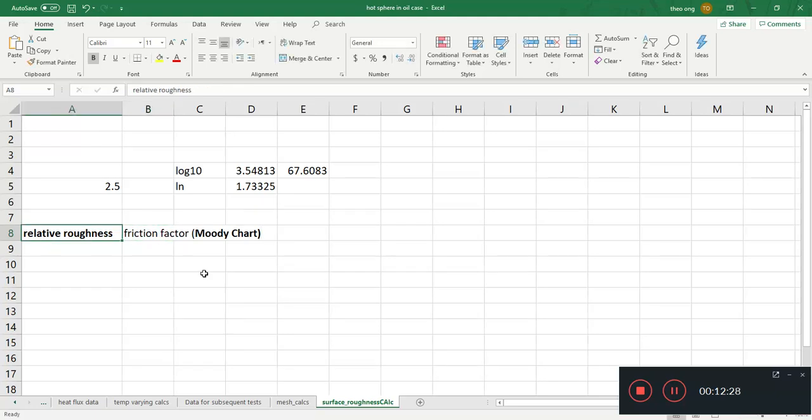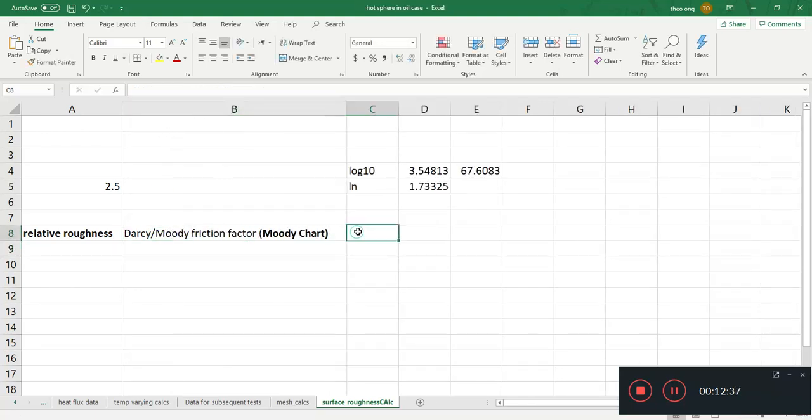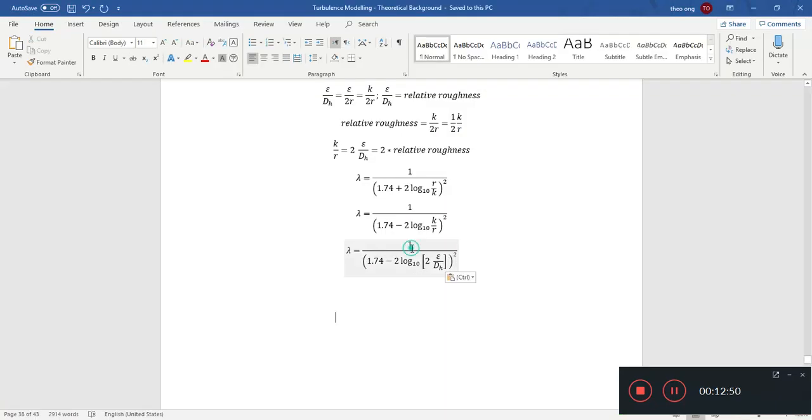So what friction factor is this? This is the Darcy friction factor. Darcy, Moody, friction factor. And then I'll have a Darcy, Moody, friction factor using the equation. So the equation is this thing over here.